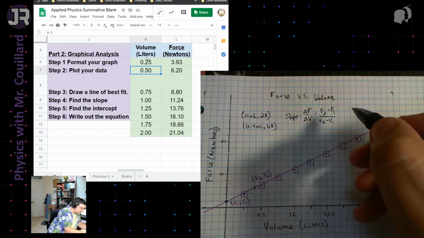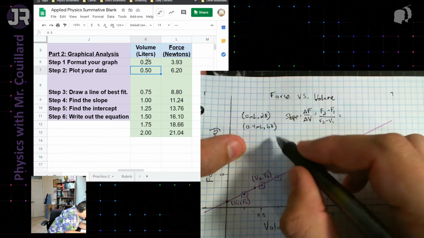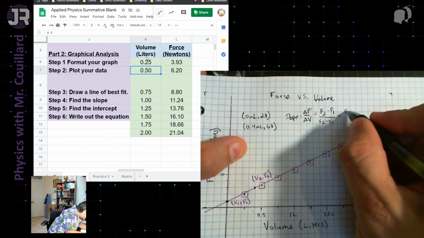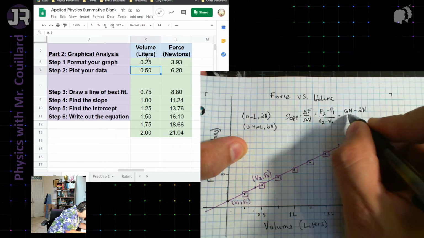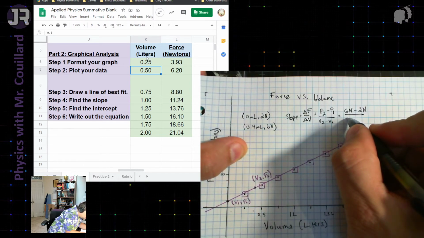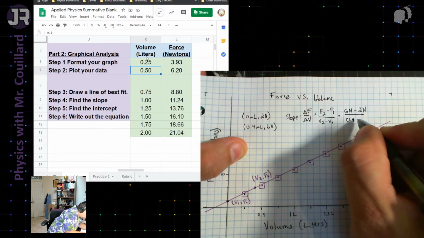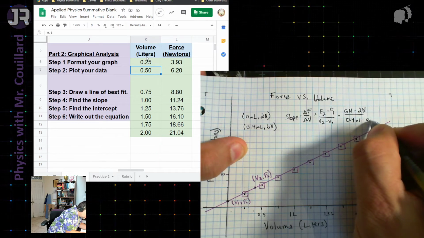Okay, and so then we plug in our points. F2 is 6 newtons minus F1 is 2 newtons, and then divide that by 0.4 milliliters minus 0 milliliters.